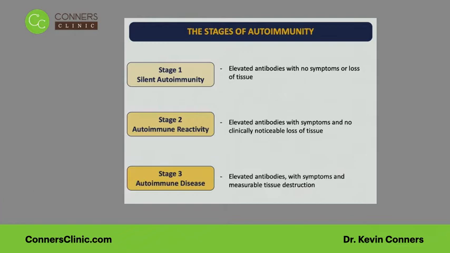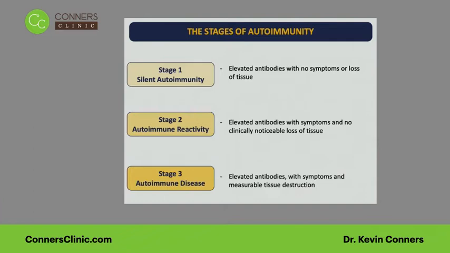In the case of a thyroid patient with Hashimoto's, they're starting to get symptoms, maybe hair loss and some fatigue and some difficulty losing weight, but their thyroid numbers are still within normal range. So they're still getting an adequate supply of thyroid hormone. It's just that they show positive TPO antibodies and symptoms of low thyroid.